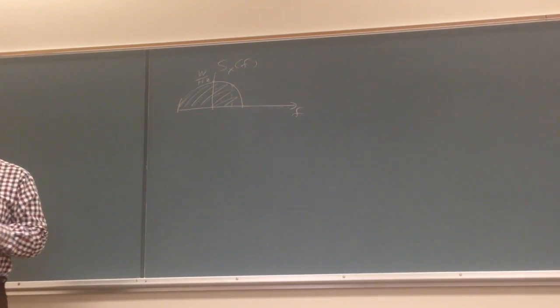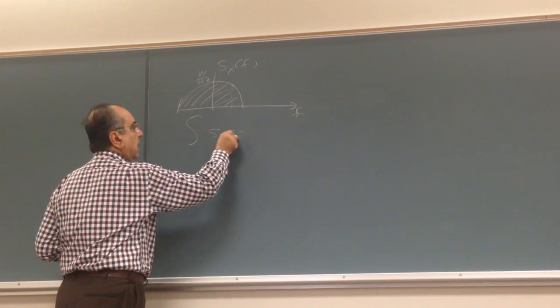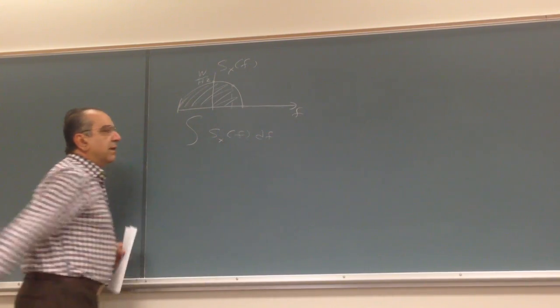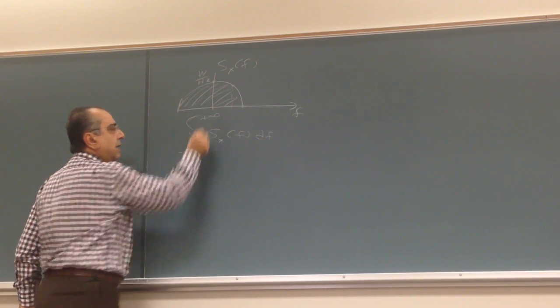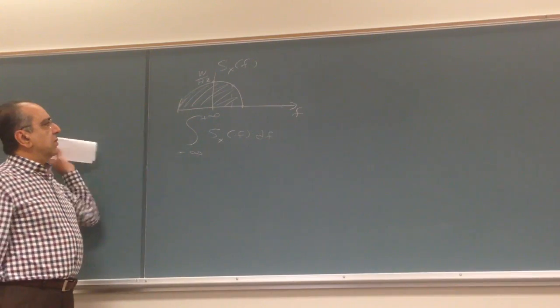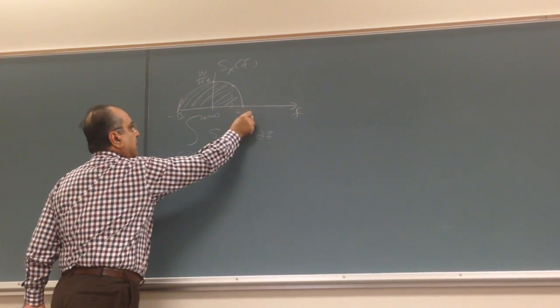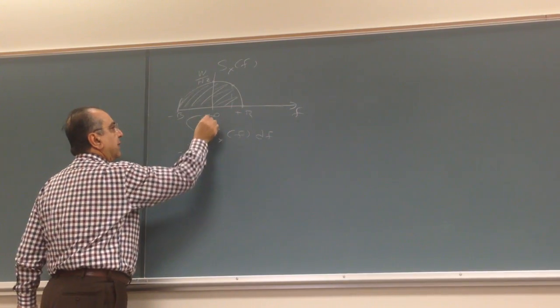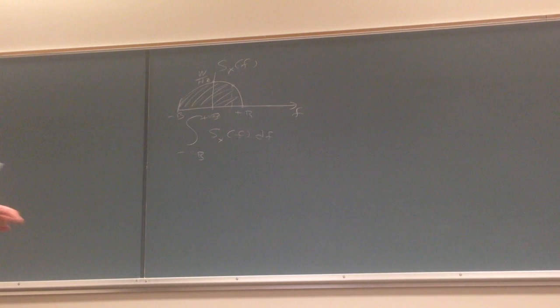That means I have to integrate the power spectral density from minus infinity to plus infinity. In this case, I don't really have to go to minus infinity. If it is minus B to plus B, I go from minus B to plus B. This is a very simple concept.